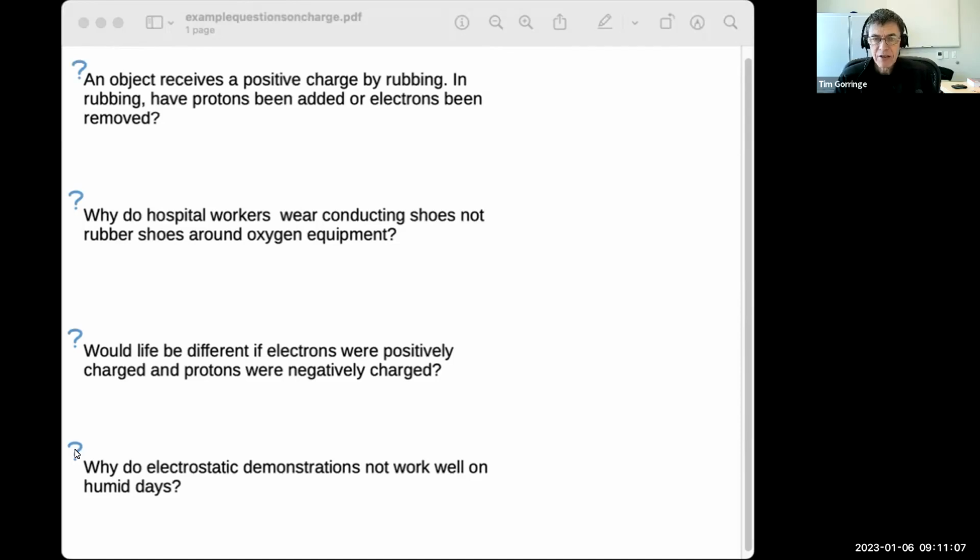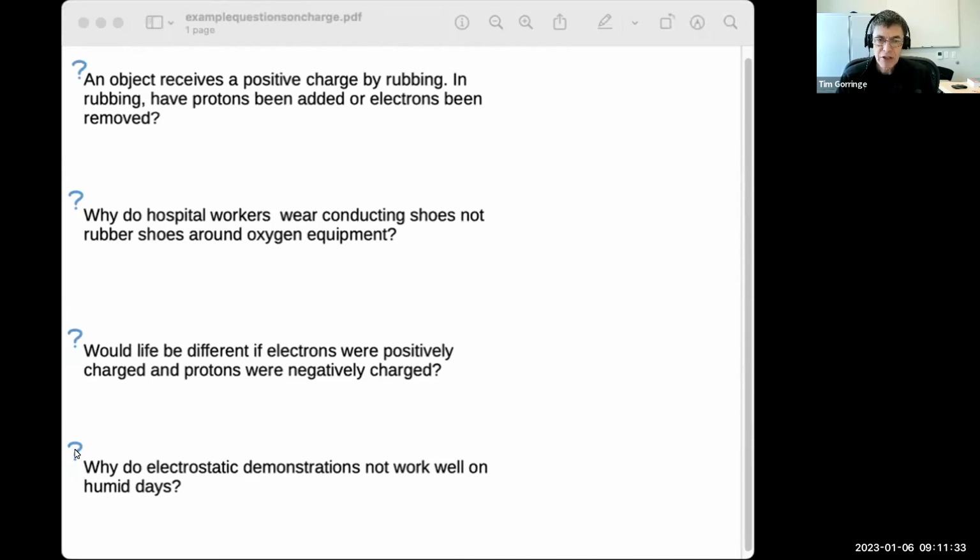The reason has to do with the insulating or conducting properties of air. So dry air we think of as being really a very good insulator. On the other hand, wet air, humid air, is a less good insulator. And this affects electrostatic experiments, this affects electrostatic demonstrations.